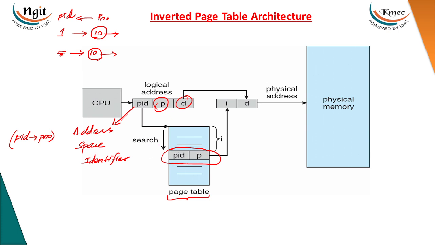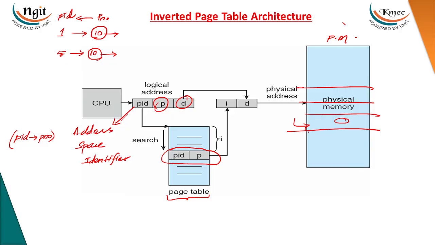If an entry is found, we go to that particular frame and fetch that byte. If there is no match, then an illegal address access has been attempted. That means the corresponding page is not available in main memory, or physical memory.